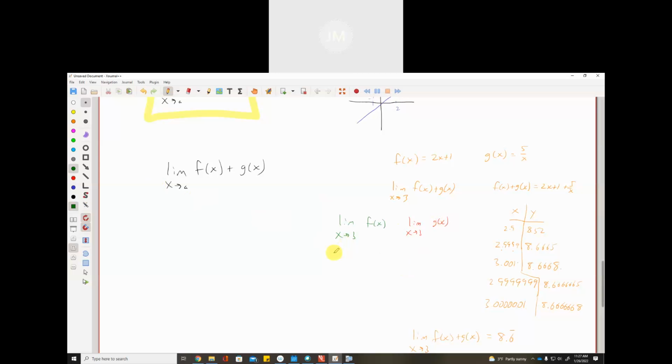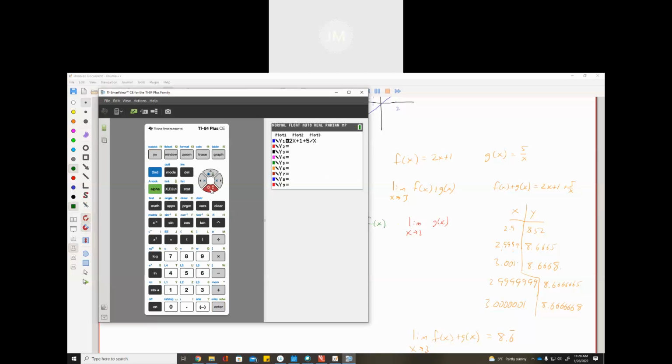Okay, so for f of x, I'm just looking at 2x plus 1. Let's get this ready for later. So now I put 2x plus 1 as my function y2. If I put in 2.999, I get 6.998.